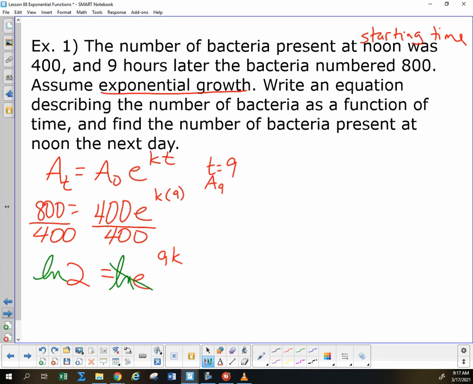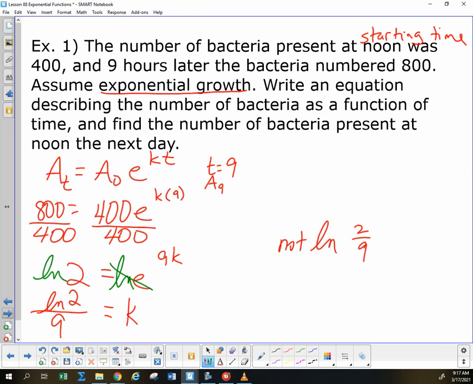So now I have 9k is the natural log of 2. Must always write down exactly how you are going to enter this on the calculator. You are now going to enter k equals natural log of 2, all over 9. It is not the natural log of 2 over 9.